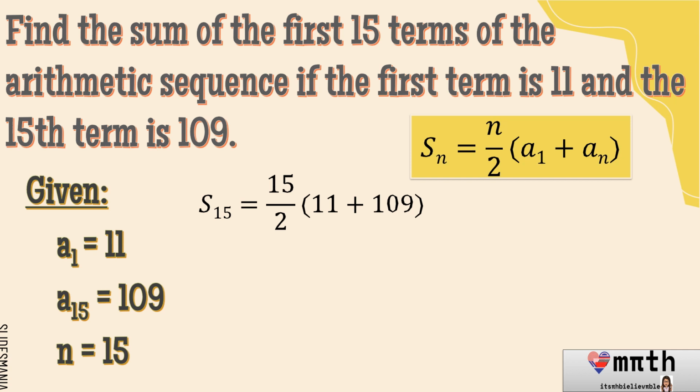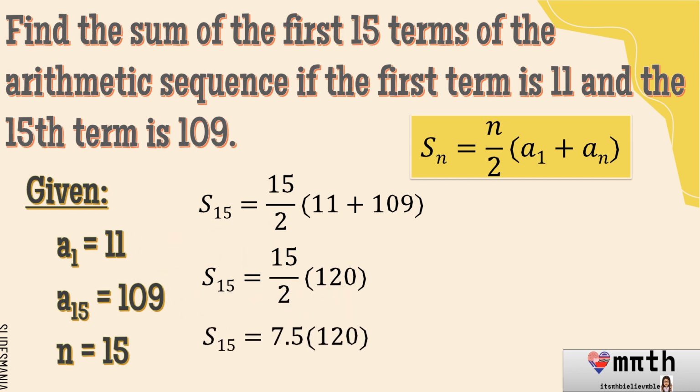Let us simplify first the operation inside the parenthesis, which is 11 plus 109. That would be 120. Then simplifying 15 divided by 2, that would be 7.5. Then 7.5 times 120, that would be 900. So the sum of our first 15 terms would be 900. Okay?